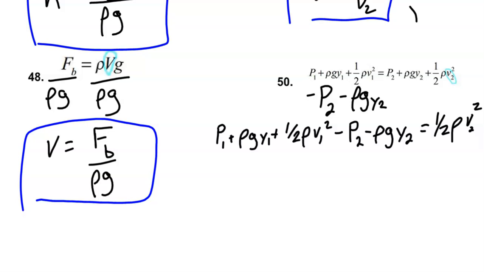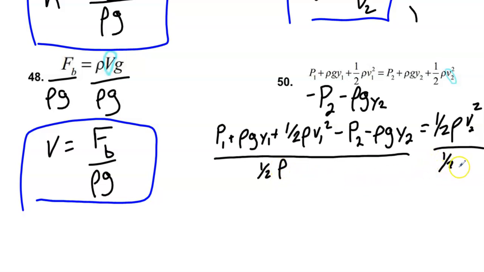Now we need to divide both sides by 1/2 rho. Once we do that, the 1/2 rho will cancel out over here.